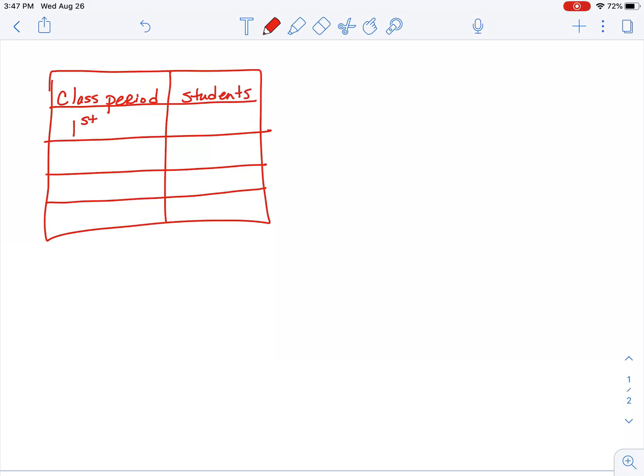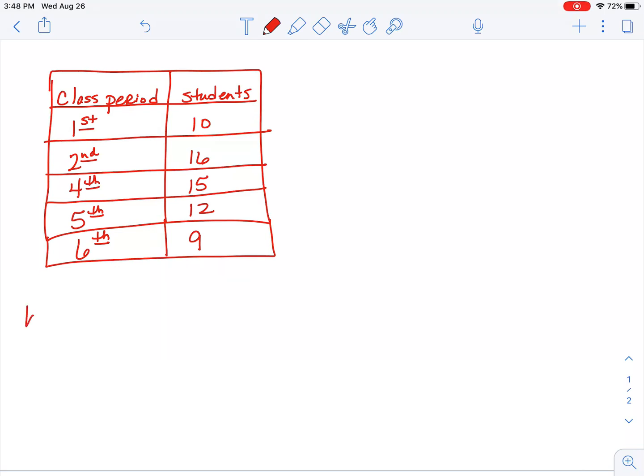Okay, so we'll say first period, I have 10 students, and second period, I have 16, and I don't have a third period, so fourth period, I have 15, and fifth period, I would have 12, and sixth period, I would have 9. I just made up these numbers, except there are 16 of y'all.